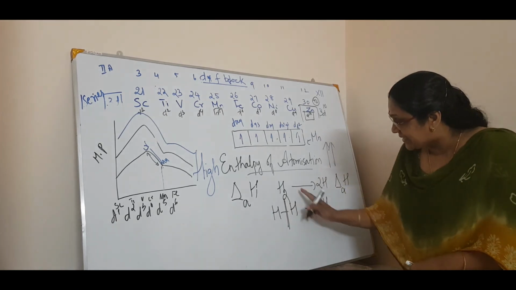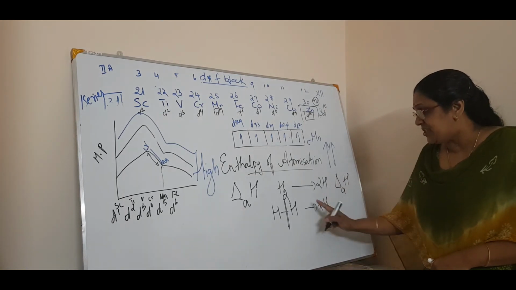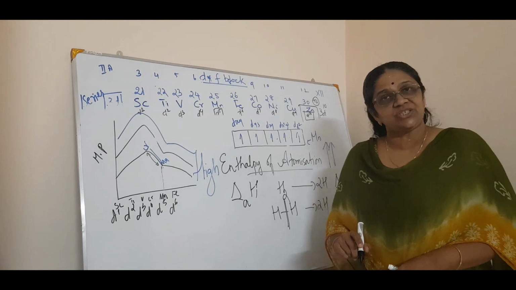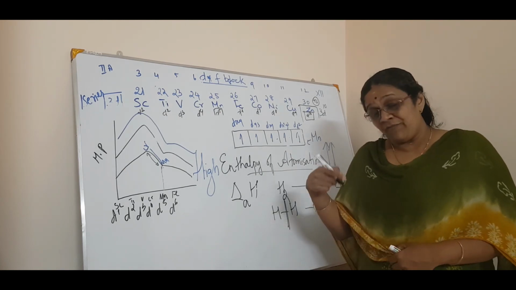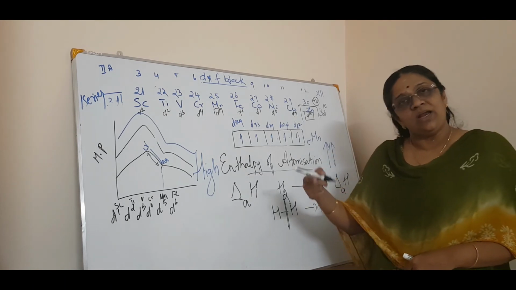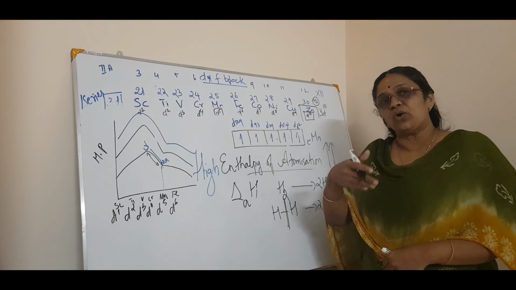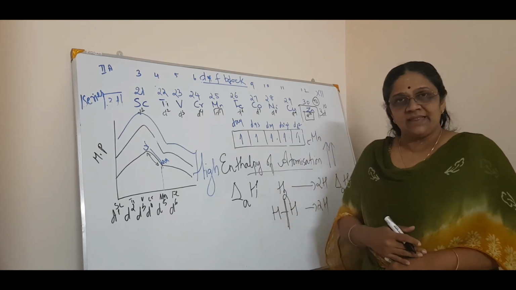Yes. In this case it is true, because the enthalpy of atomization is the same as the bond dissociation enthalpy. But in everything it is not true. In a hydrogen molecule or oxygen molecule it is the same because the bond has to break, so it is also called bond dissociation enthalpy.